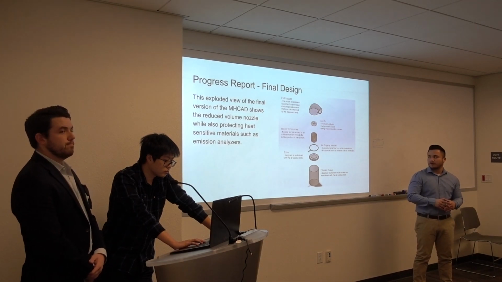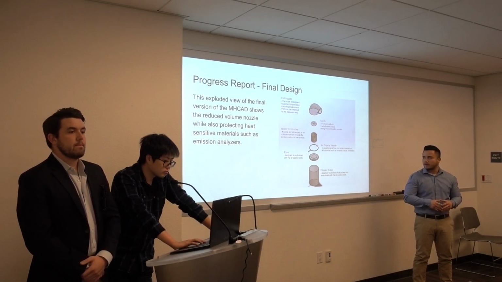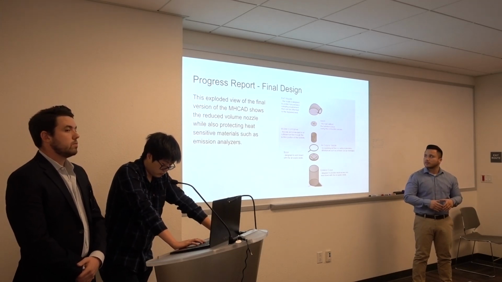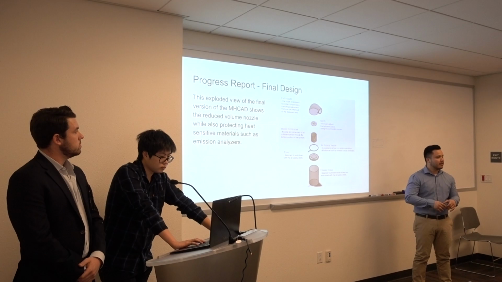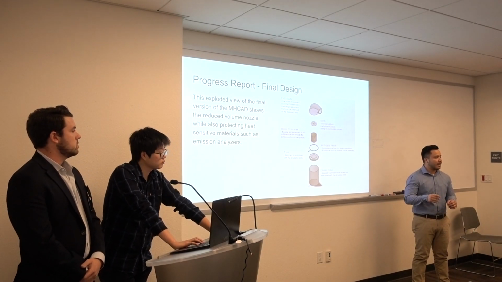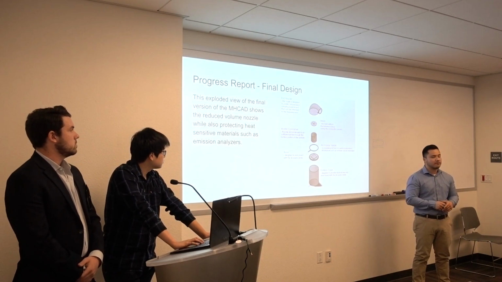Then, after the air has sufficiently passed the surroundings of the methane hydrate, it will be accelerated through a reduced nozzle so that we can have a homogeneous air mixture. This is particularly important so we can have an accurate representation of what's going on in the air mixture itself.